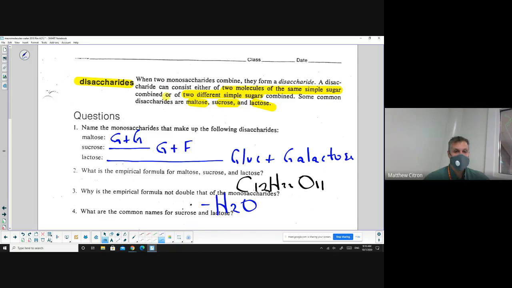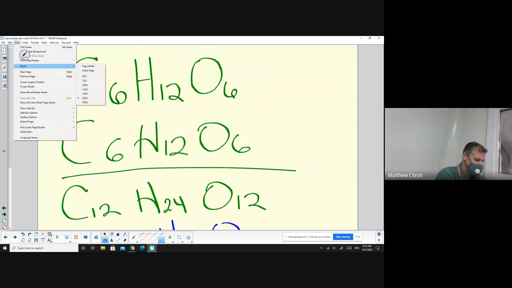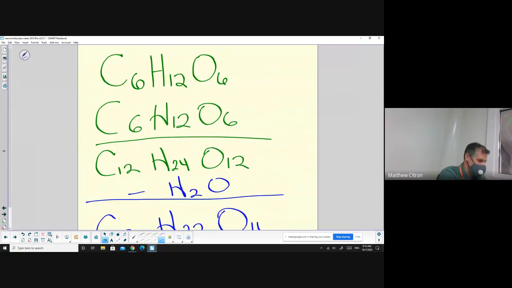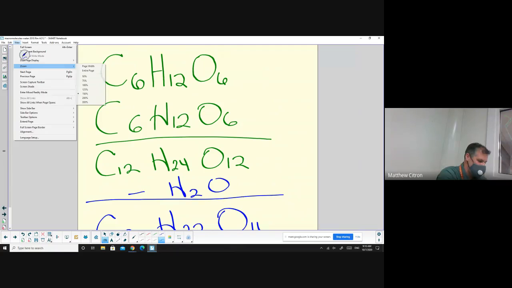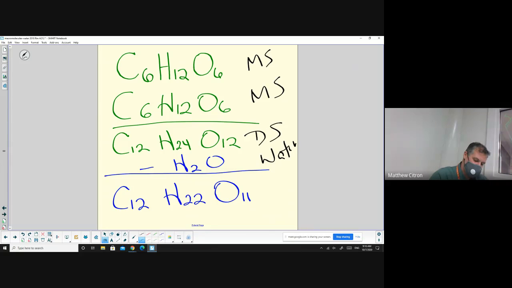If you want to add this in the margin, I'll zoom out a little bit more so you can see the whole thing. You want to put my little monosaccharide math on here. So this is a monosaccharide. This would be my disaccharide, my water, and then my formal disaccharide. So actually, this doesn't get a disaccharide moniker.